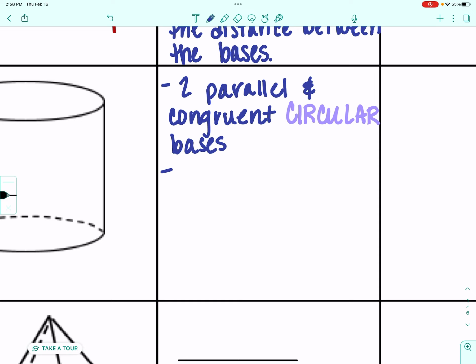In between the bases, we have a rectangle wrapped around like the label on a soup can.